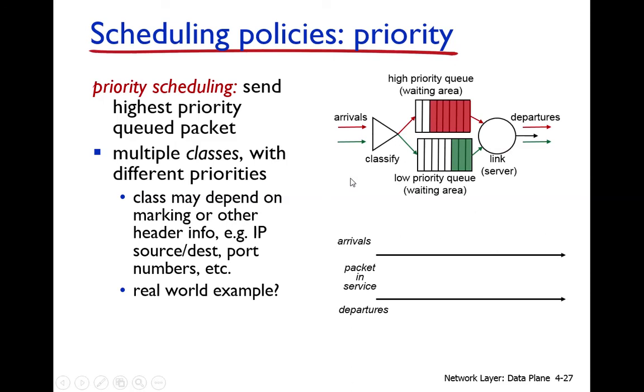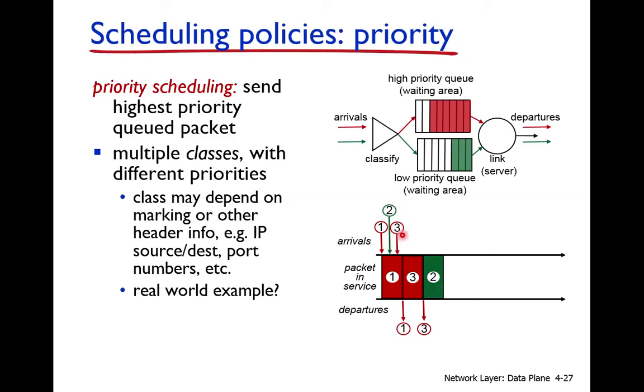Let me explain it through an example. Suppose packet 1 arrives. When packet 1 arrives, it gets its service, that is, it is processed and then transmitted, because there is no other packet. Suppose packets 2 and 3 arrive, then they will have to wait. First packet 1 has to be transmitted, because it is in service. After packet 1 is transmitted, we have packets 2 and 3.